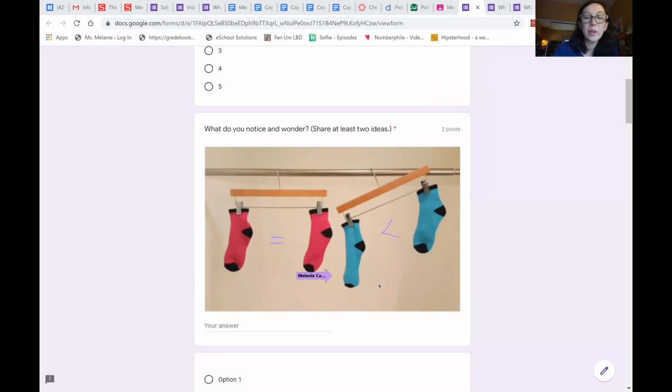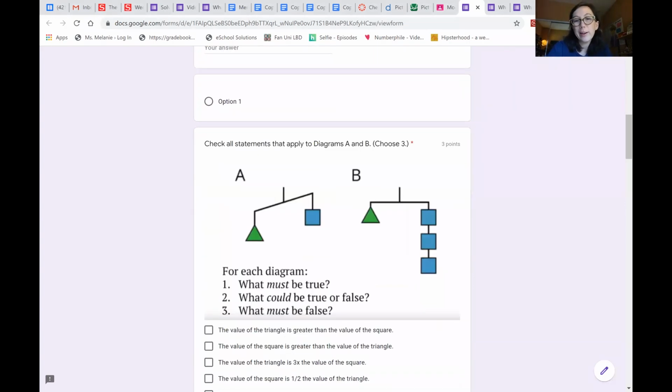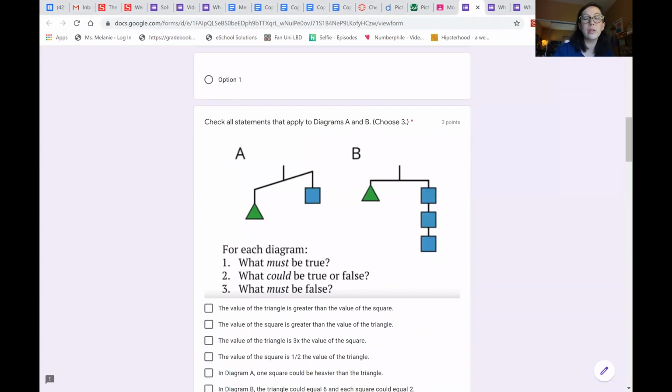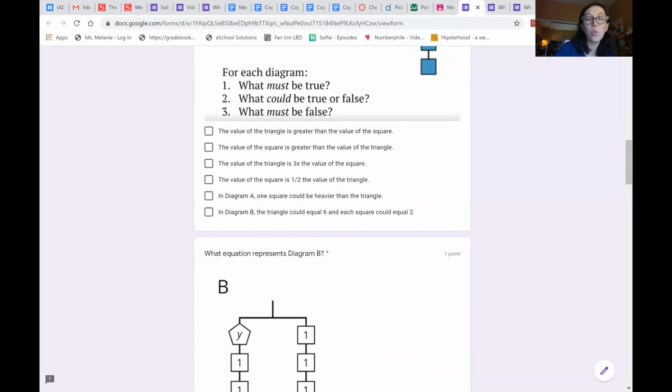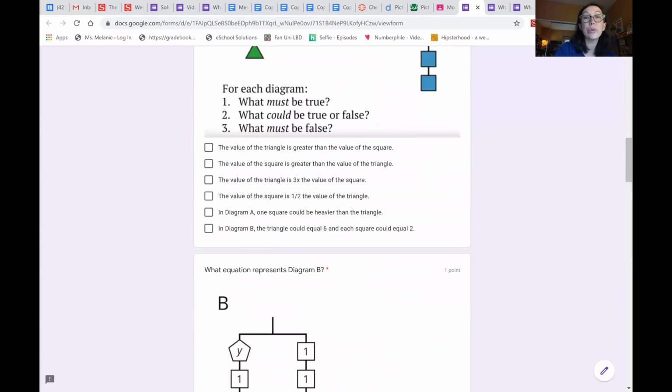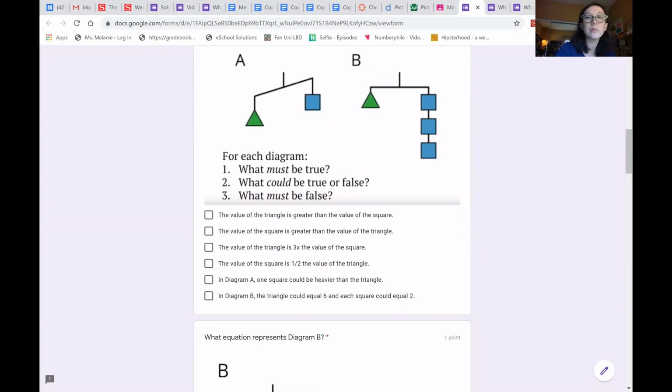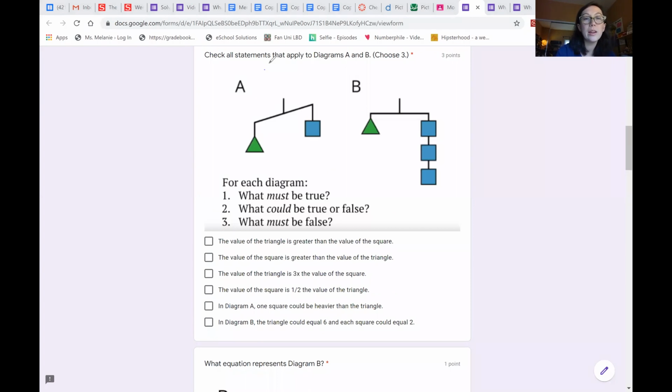Okay, so these hanger diagrams are just trying to model inequalities and equations like that. And so when you look at this, it's saying which equation, what's true or false about this. So in diagram A, we have this triangle and it is weighing more. Oh, oops. I just said it wrong about the socks before.